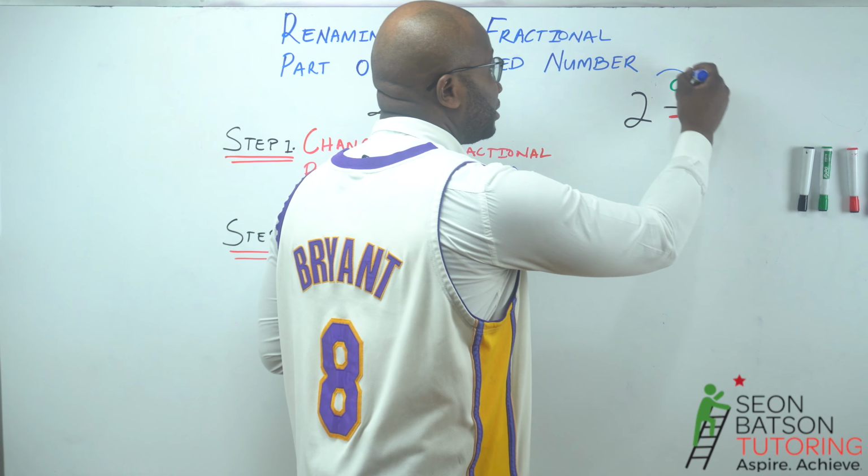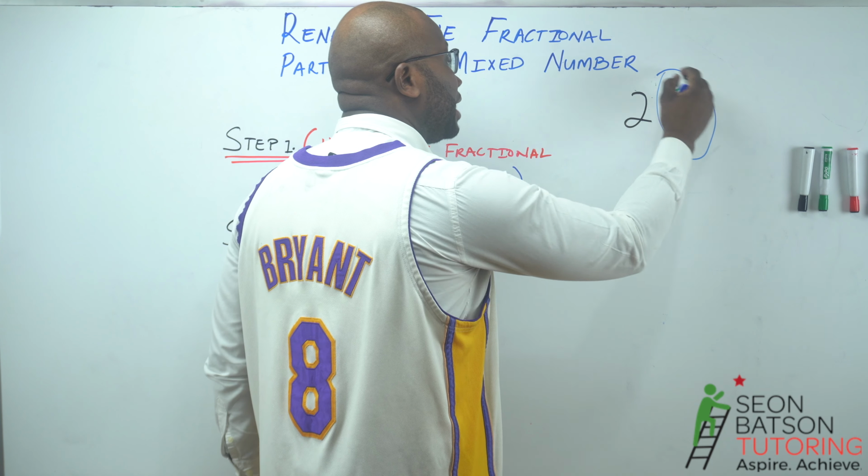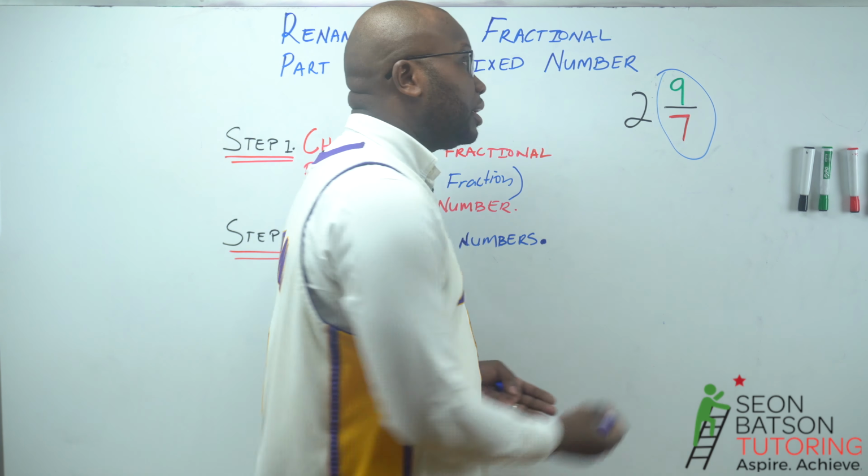So whenever the fractional part of the mixed number is an improper fraction, we will rename or change the fractional part to a mixed number. Why? Because changing the fractional part to a mixed number will now make the fractional part a proper fraction.